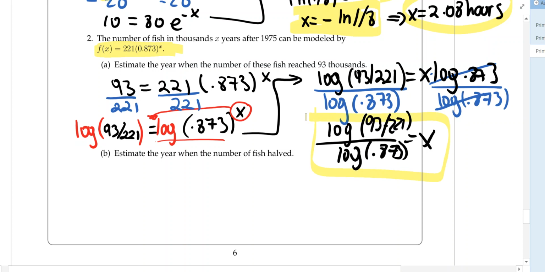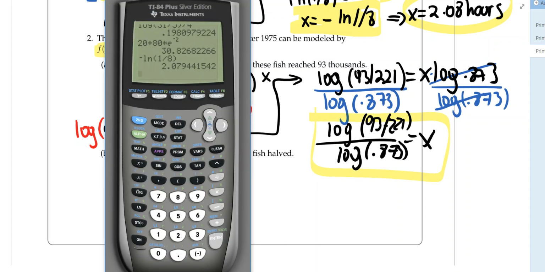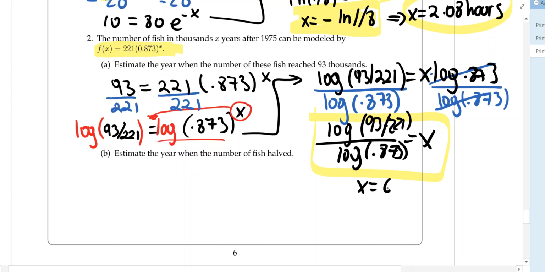And if we put it in our calculator, we're going to get the approximation. So go to your calculator. We're going to be careful: log of 93 divided by 221, close the parentheses, and this is divided by log of 0.873. So 6.37. So X equals 6.37.